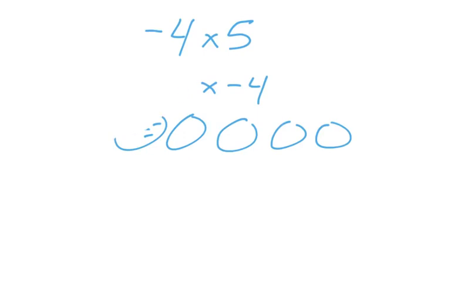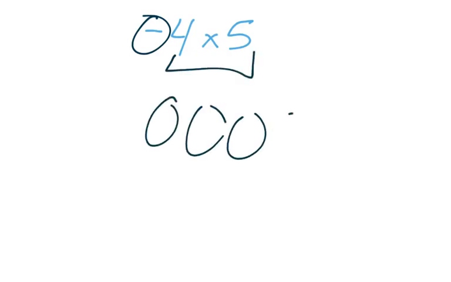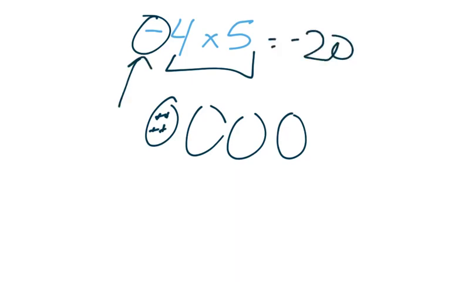Or you could also say that this is the opposite, because negatives are opposite of positives. You could say that this is the opposite of your answer of 4 groups of 5. Well, I can draw 4 groups of 5. I just did that, and that was 4 groups of 5, this 5 is positive, that would give me positive 20. The opposite of that is negative 20.